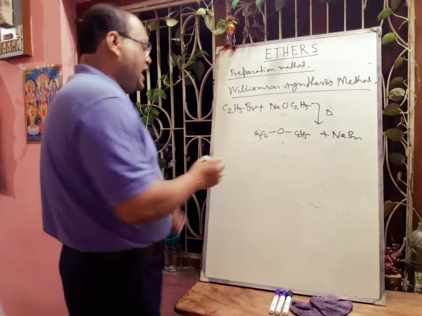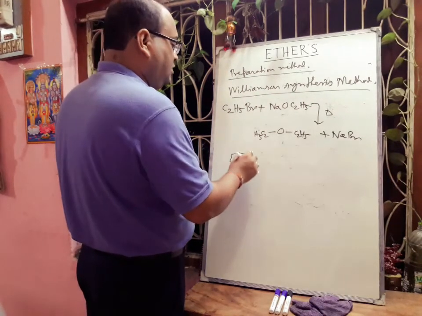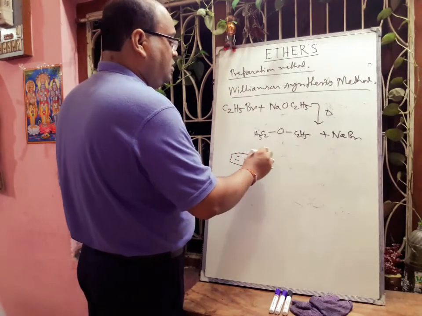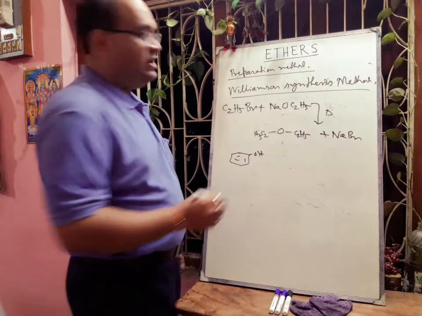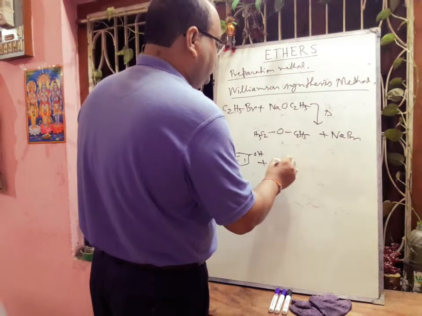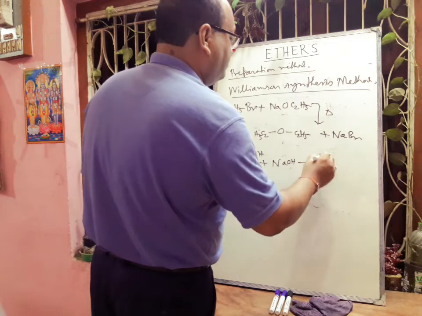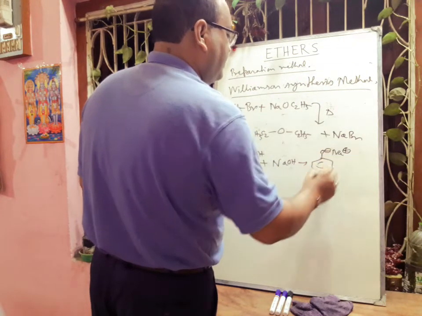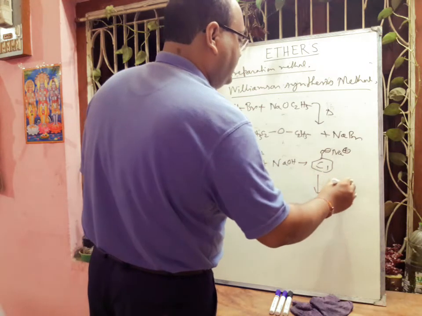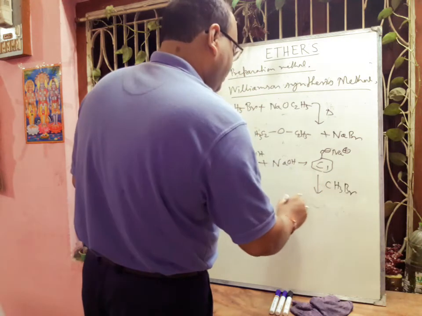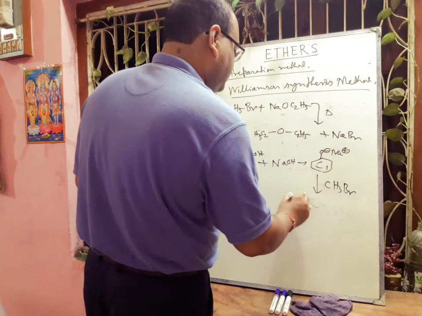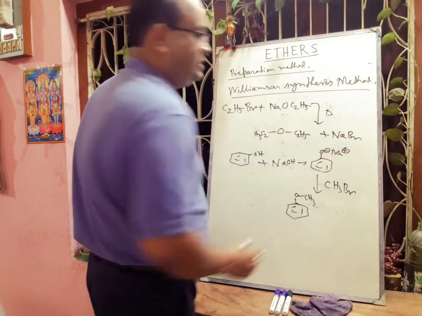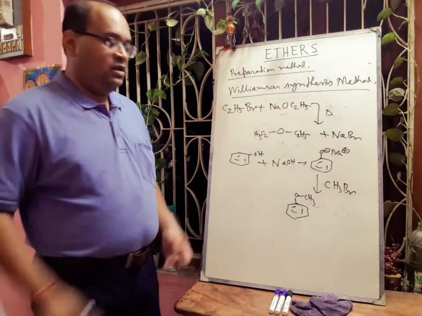We can prepare aromatic ether also by this Williamson synthesis method. Here we first add NaOH to phenol, then it will form phenoxide ion. Then if we add methyl bromide, that will produce anisole. There is one aromatic ether.